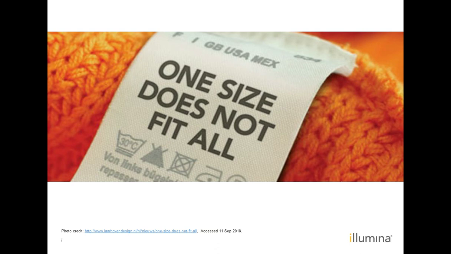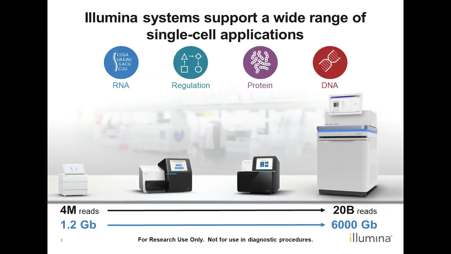So all this basically shows that single cell is not a one-size-fits-all application. You can have different study aims, or you can look at different molecules, or you can do it on different scales. But one constant is that we at Illumina support all single cell applications with our wide range of systems.